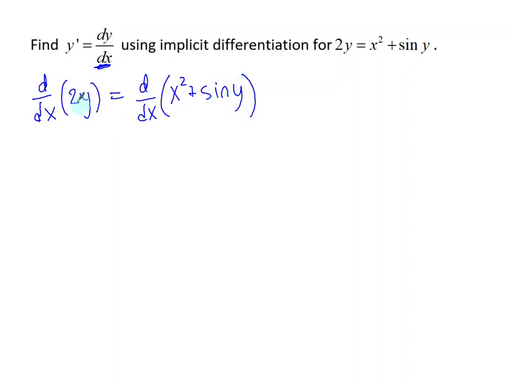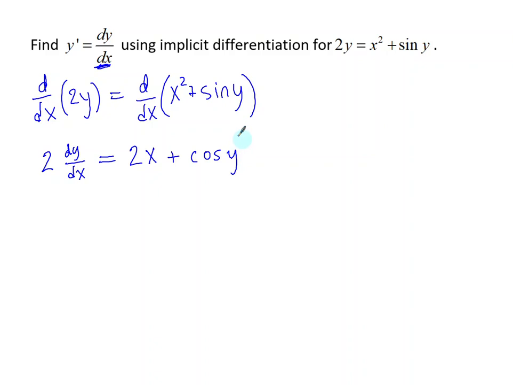Now we take our derivative of 2 times y. Well, 2 is a constant multiple, so it's 2 times the derivative of y, which is just dy/dx, equals the derivative of x squared, which is 2x. The derivative of sine y is cosine y, but this is not a function of x, this is a function of y.